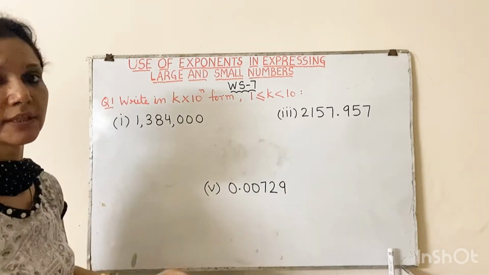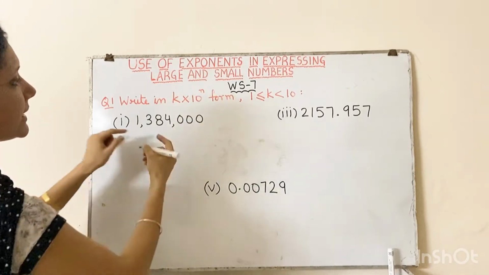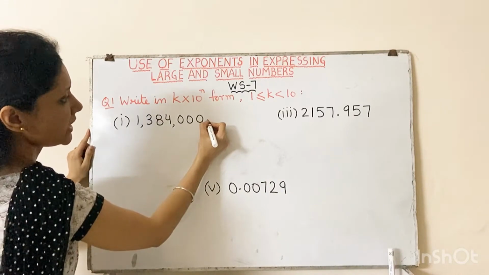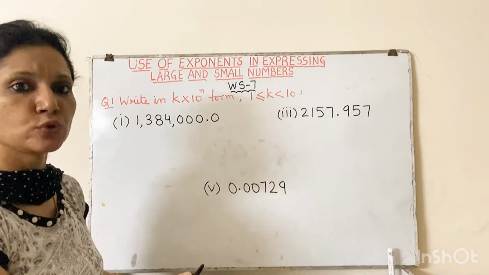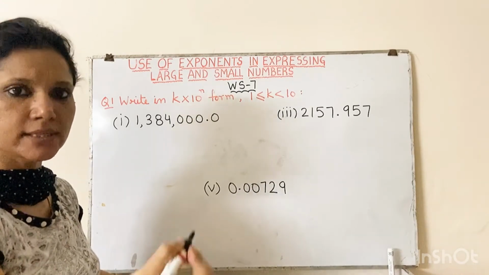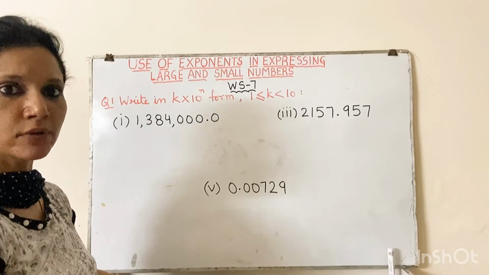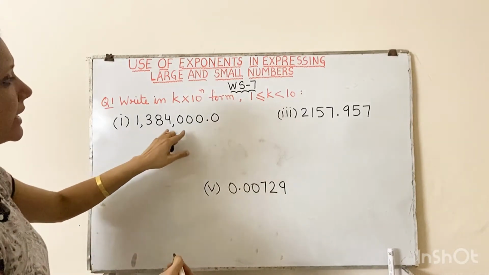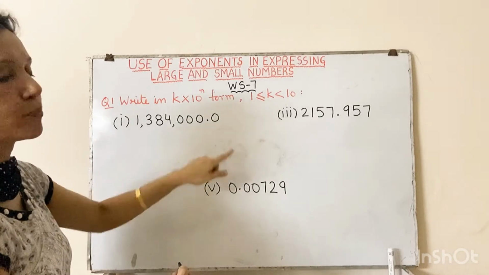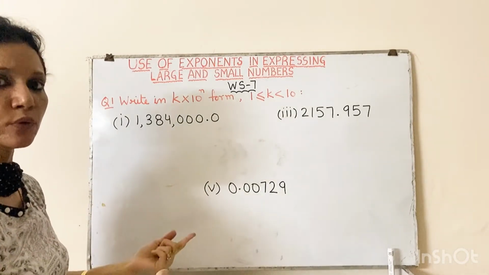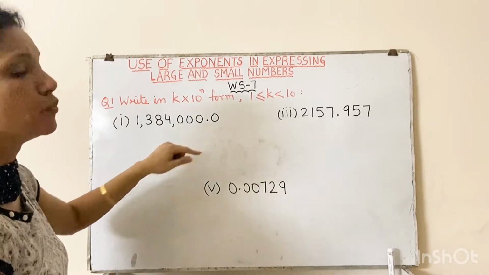No, it's not there. When the number does not have a decimal, that means the decimal is at the extreme last. Why? See, 2 can be written as 2.0, and 50 can be written as 50.0. Similarly, 13,84,000 can be written as 13,84,000.0. So now we'll again focus on our first step, where to move the decimal.